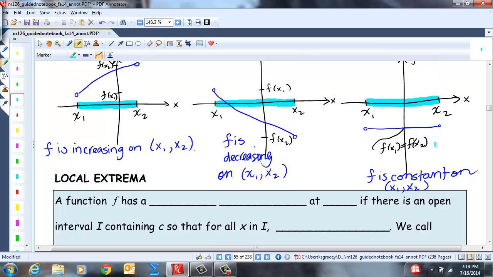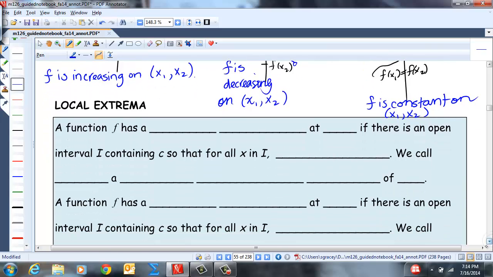All right, so now we get into local extrema. If you take calculus with us, we use the Larson text, so they often call this relative extrema.